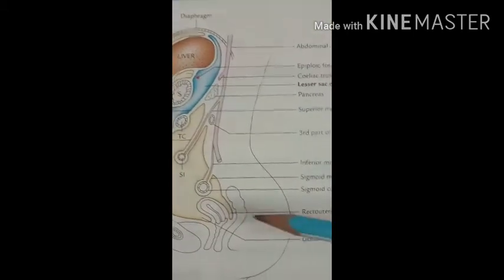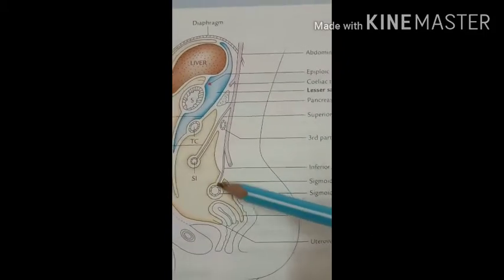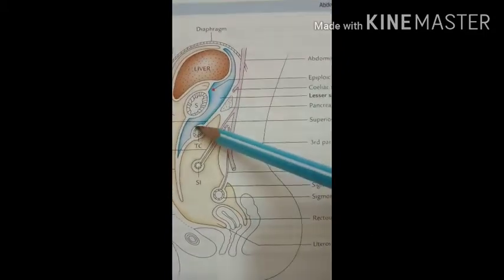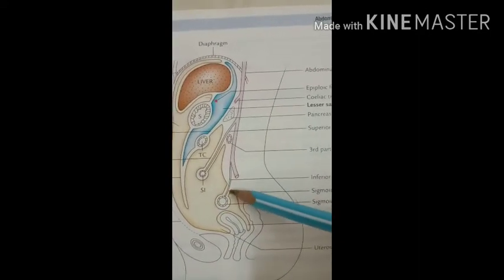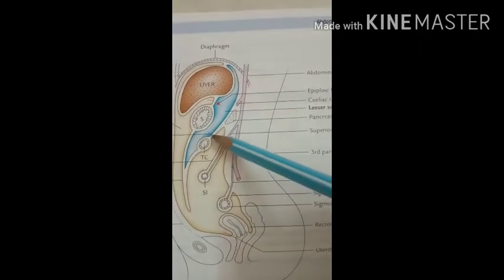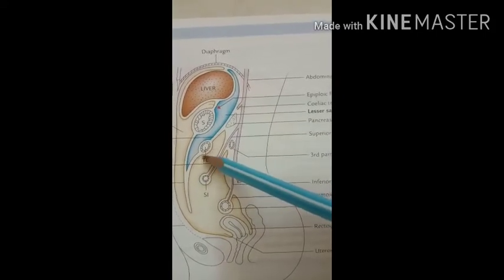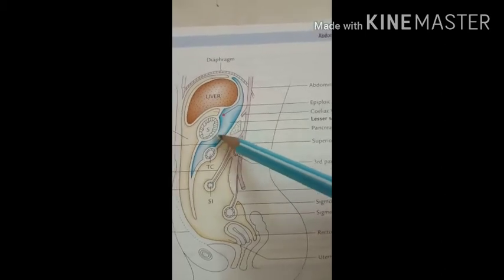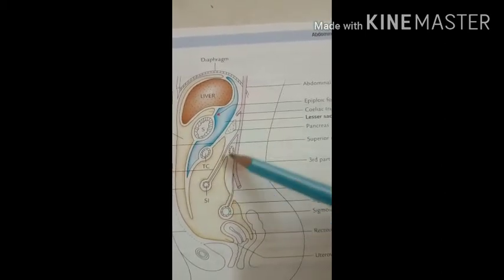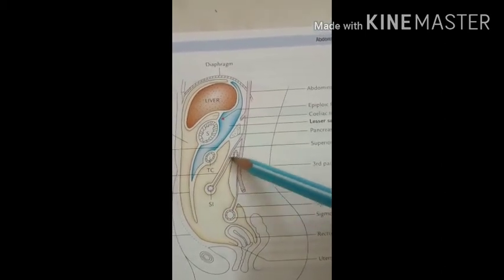Here in this diagram you can see the sigmoid colon, and here the transverse colon. They are totally invaginated by the peritoneal fold, and the peritoneal fold is attached posteriorly to the posterior abdominal wall.